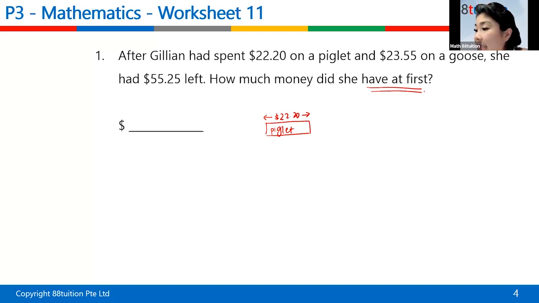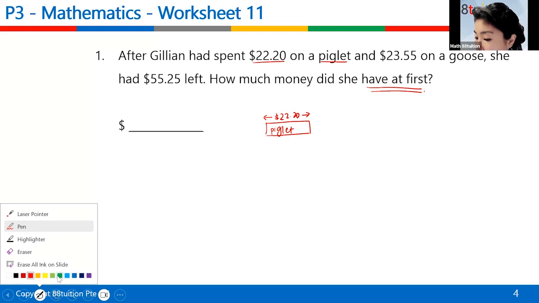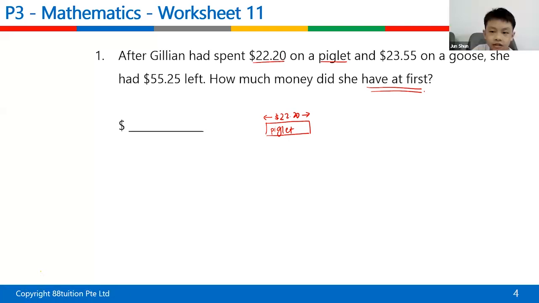Okay, Junxun, what is the next thing that she bought? What's the next thing that she bought? Do you know how to pronounce it? The goose. Good.